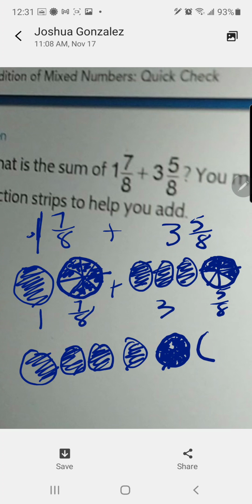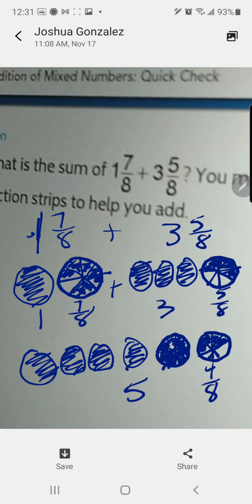So we're going to make another circle, break it up into 8 parts, right there. And now remember, we used 1 of these pieces over here, so we're still going to have 4 left over. So we're going to fill in 1, 2, 3, and 4, right? So how many wholes do you have now? 1, 2, 3, 4, 5. And what's the fraction for this one? 4/8.